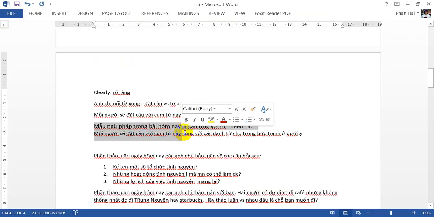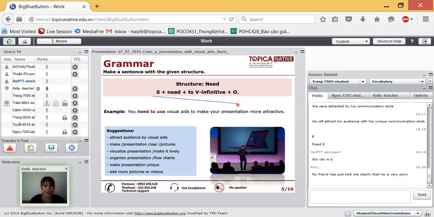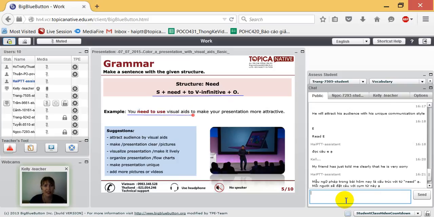The structure, of course, is highlighted here on the slide. An example of how we could use this structure is to say, you need to use visual aids to make your presentation more attractive. Okay? So that would be one example.